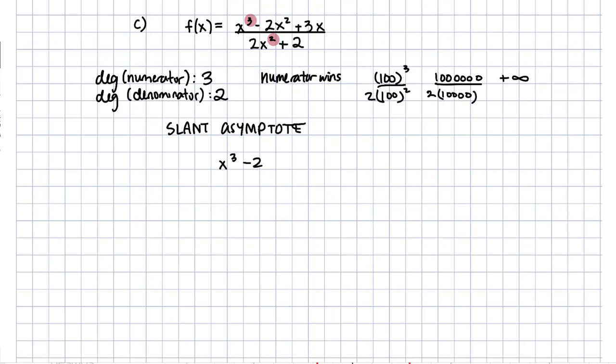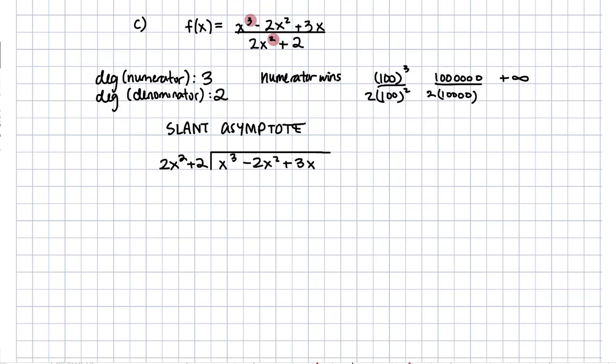We learned in the last unit how to do long division and how to do synthetic division. And if you remember, we can't do synthetic division if we're not dividing by a linear factor. So because we're dividing by 2x squared plus 2, we are stuck doing the long division here. So that's why we learned both of them.